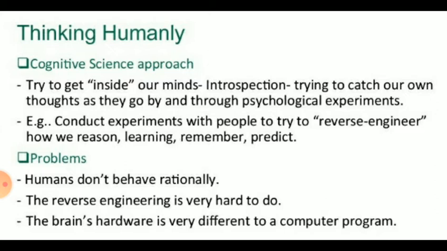We need to get inside the actual workings of human minds through introspection and psychological experiments. Introspection means trying to catch our own thoughts as they go by. Once we have a sufficiently precise theory of mind, it becomes possible to express the theory as a computer program. So, computer models and experimental techniques from psychology are used to study the workings of the human mind.